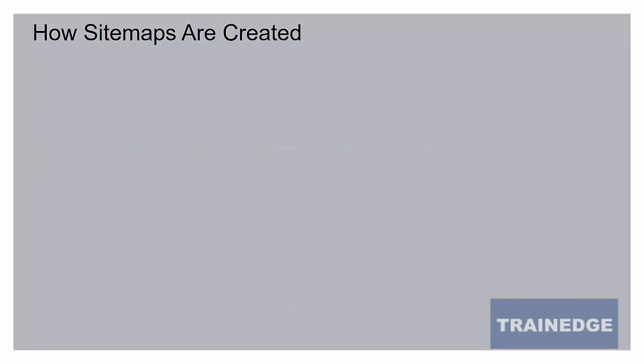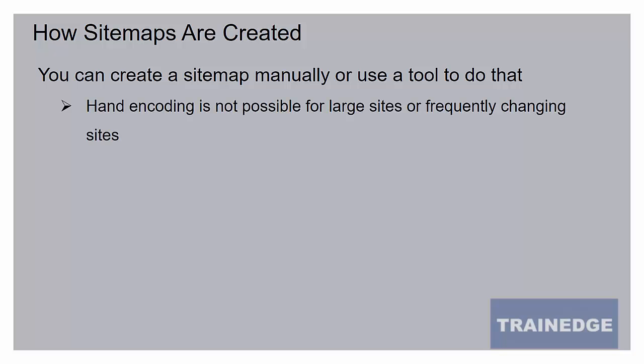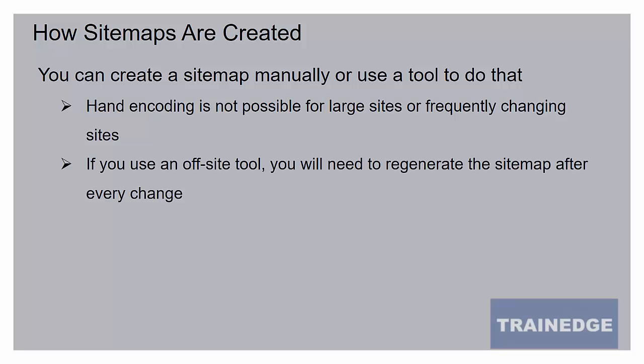Creating sitemaps is relatively easy. Earlier we used to create them manually, but now we use tools to do that, because manual coding is very difficult, takes a lot of time, and is error prone. You can use many websites that let you generate your sitemaps.